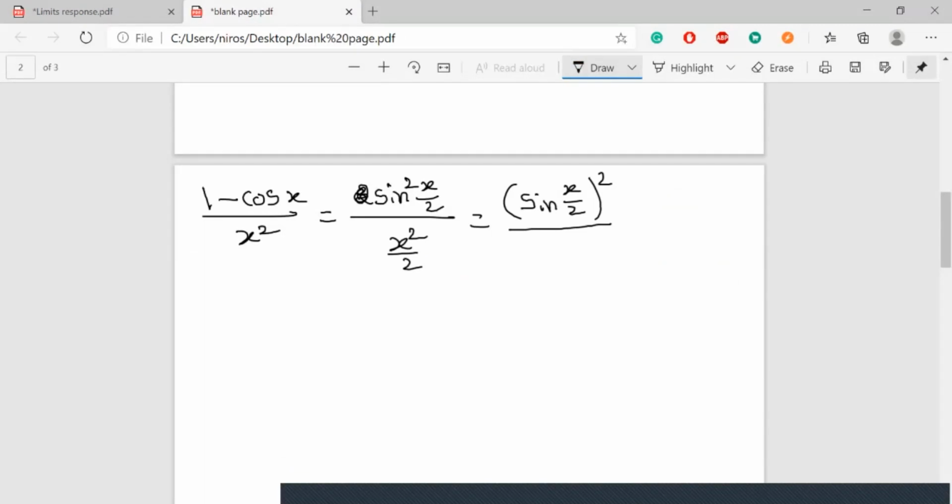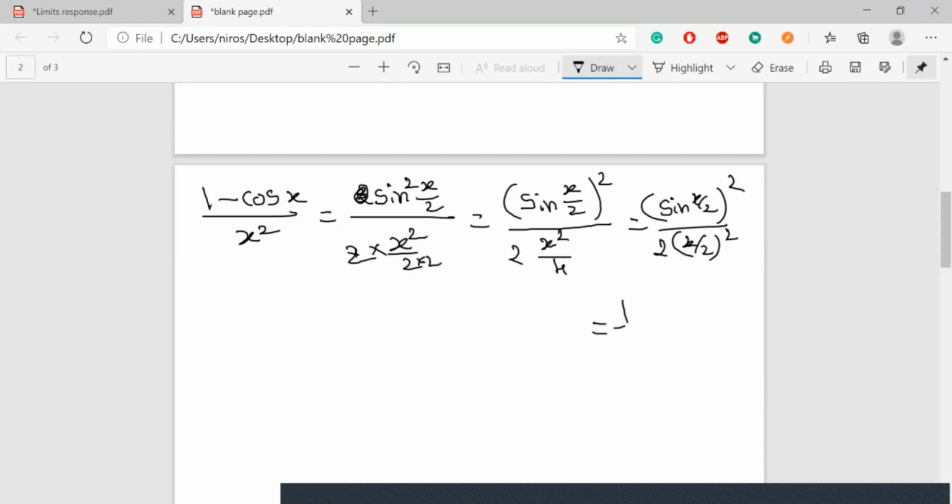Divided by, I have here only x square by 2, but I need x by 2 whole square. So what I will do is, again I will multiply with 2. 2 with 2, 2 by 4, right? Then it becomes sine x by 2 whole square divided by 2 into x by 2 whole square, correct?